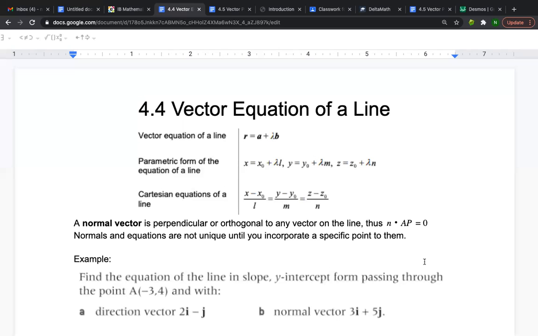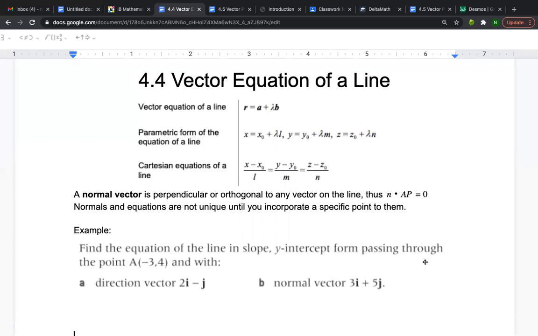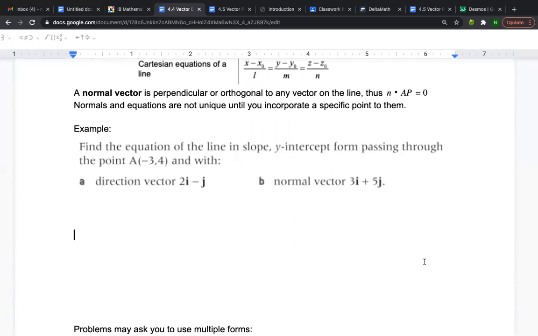Normals and equations are not unique until you incorporate that specific point with them. So let's look at this first example. They want us to find the equation of the line in slope-intercept form passing through the point -3, 4 with the directional vector of 2, -1, or sorry, 2i minus j. Okay, so when I come up with that, I have my formula.